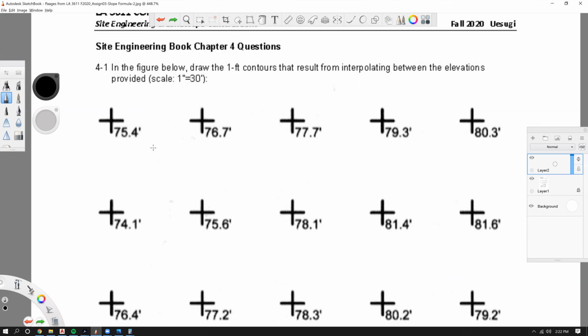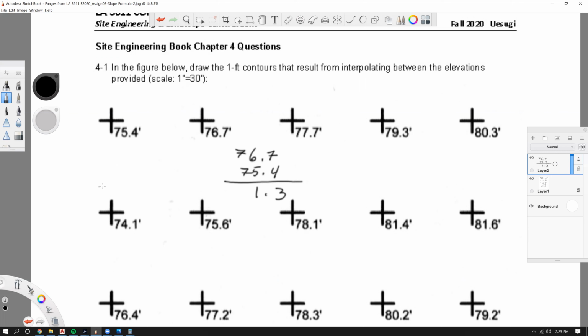So we're going to find the difference in elevation between 76.7 and 75.4, which is 1.3. That's 1.3 for our DE. My brain is tired, so I'm going to use a calculator to double check. 1.3. Okay.